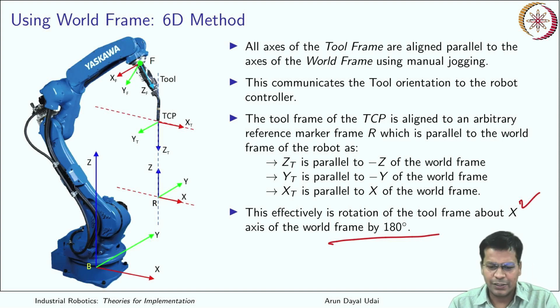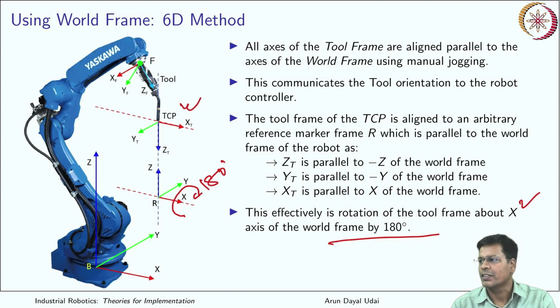If you rotate the world frame about the X axis by 180 degrees, you will get to this frame. Got it? So this is the effective transformation. Now let us do some analysis on this and understand how internally it does all the calculation, and what data is finally saved to the controller so that it gets to know the orientation of the TCP with respect to the flange.